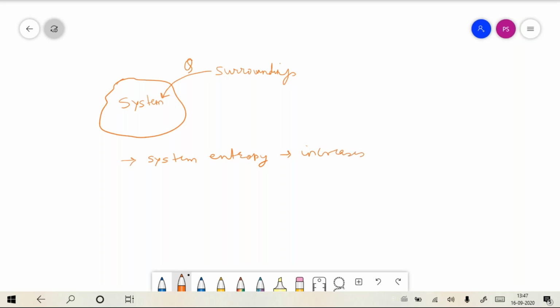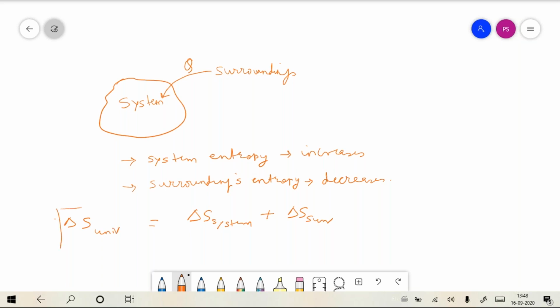And why is that so? Because heat is transferred to the system. And you said that the surroundings entropy decreases. So I want you to think on that: what would happen to the system entropy plus the surroundings entropy, which is nothing but the change in entropy of the universe?